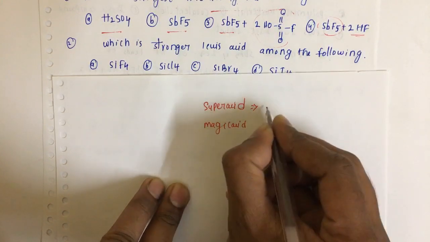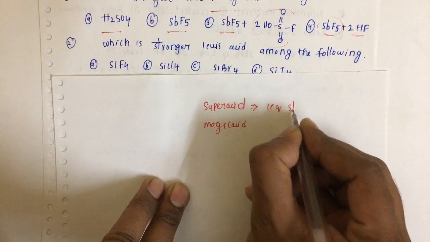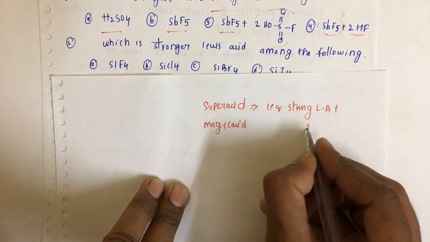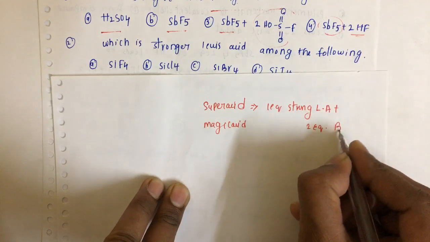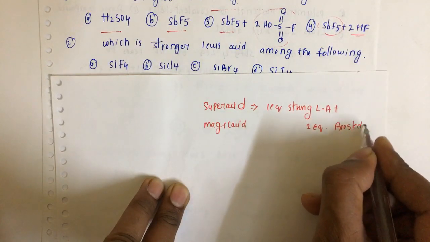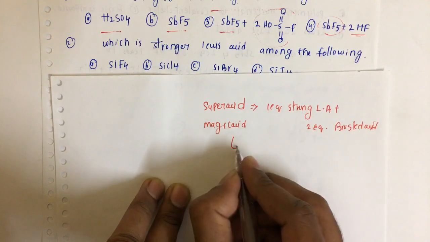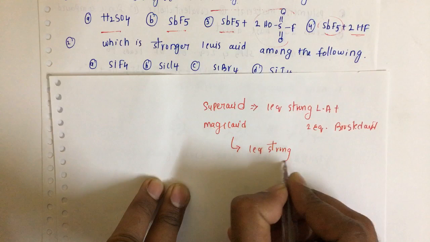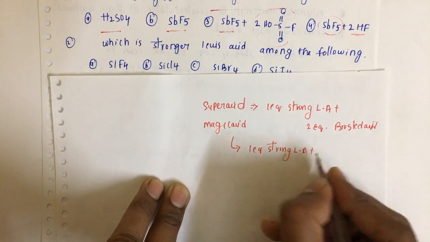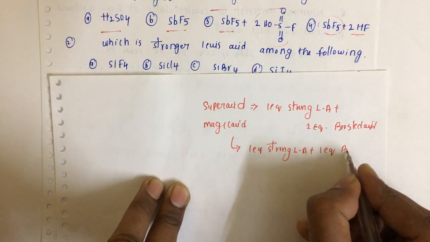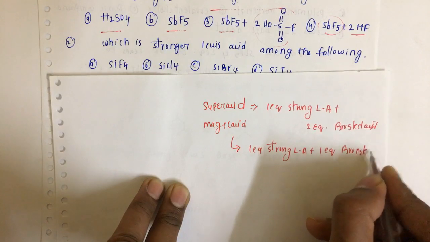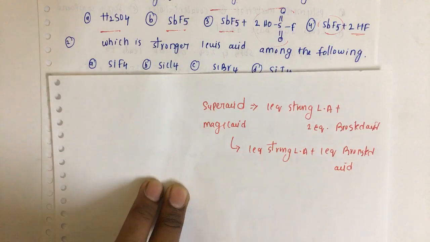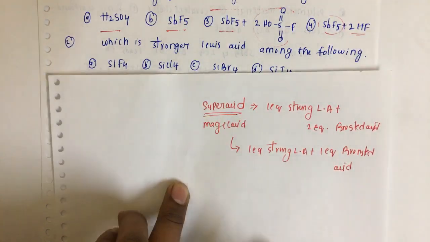Superacid means one equivalent of strong Lewis acid plus 2 equivalents of Bronsted acid, and magic acid means one equivalent of strong Lewis acid plus one equivalent of Bronsted acid. So superacids are very strong acids compared to the ordinary acids.